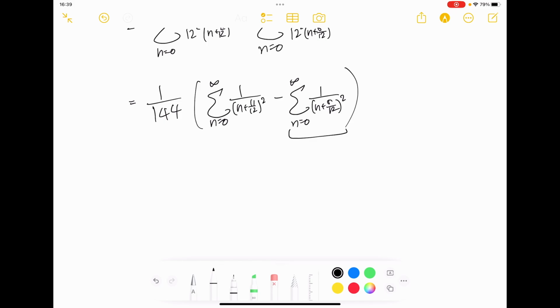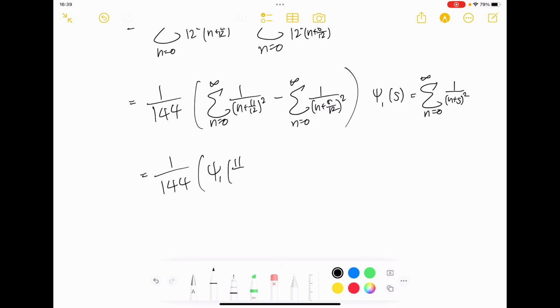The trigamma function, psi 1 of s, can be written as a sum from n equals 0 to infinity of 1 over n plus s squared. That means this is going to be 1 over 144 of psi 1 of 11 over 12 minus psi 1 of 5 over 12.